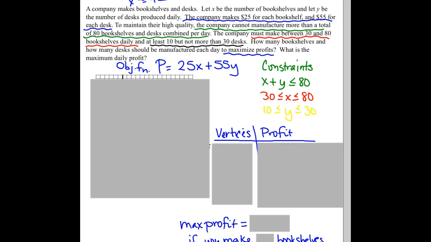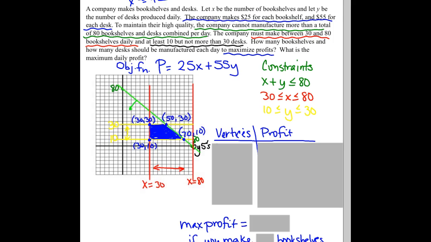And then for our yellow one, Y has to be between 10 and 30. What would that look like? So now I've got two horizontal lines, right, at 10 and 30, and I need to be in between those. Okay, so looking at our overall picture here. The yellow was the horizontal stuff that we talked about. We need to be between 10 and 30, so I'm shading in between the yellow lines.